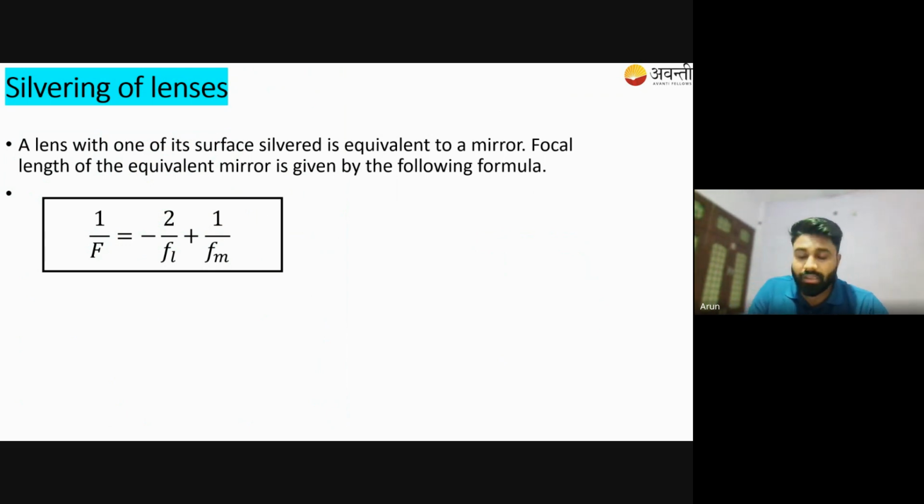What I'm trying to say is, look, if this is the concave lens you have and you silver one of its surfaces, then this lens will behave as a mirror because only reflection will take place. There is no passage for light to go into another medium. So this will behave as a mirror.